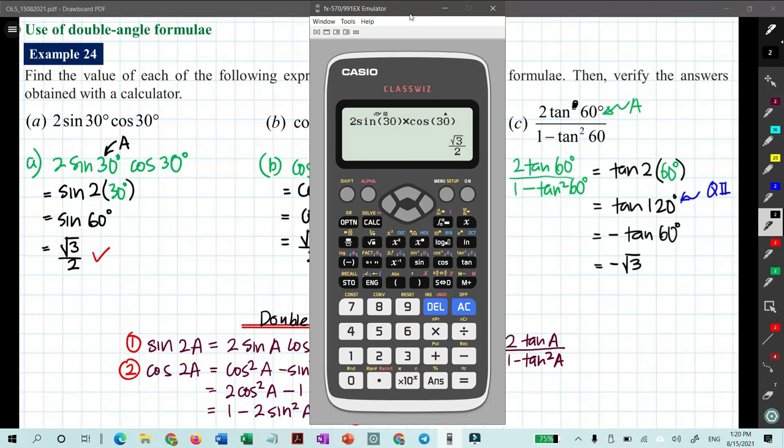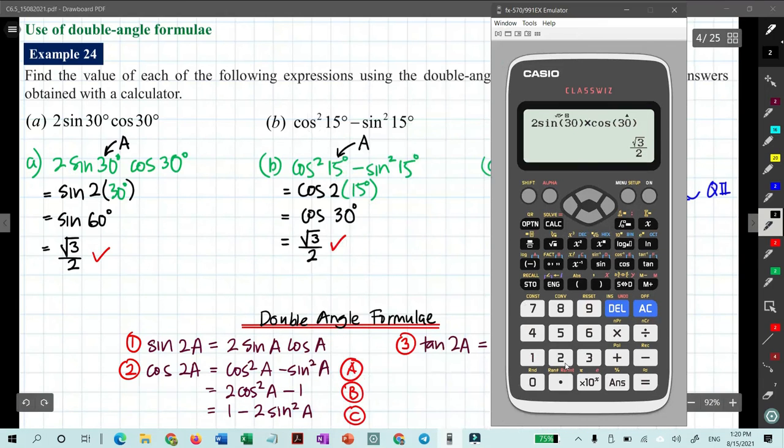Okay, next. Make sure you key in cos square 15 correctly. When you key this into your calculator, it should be bracket cos 15. You have to close the bracket, then only you square it. Then minus again a bracket sine 15, close the bracket, then you square this.